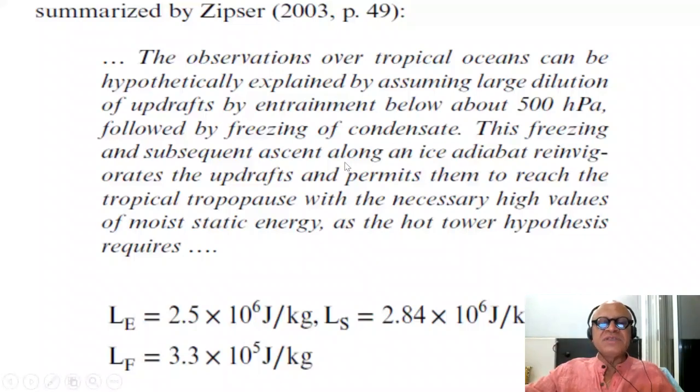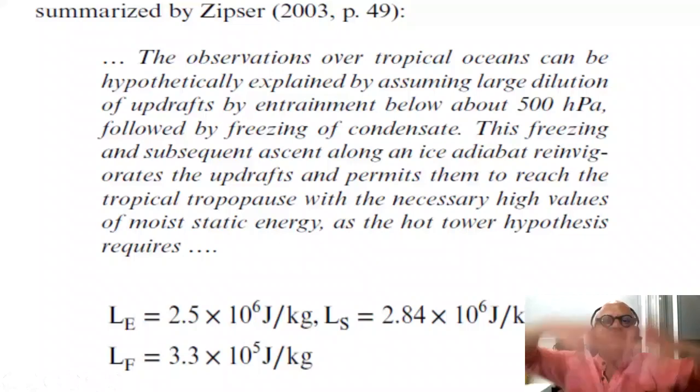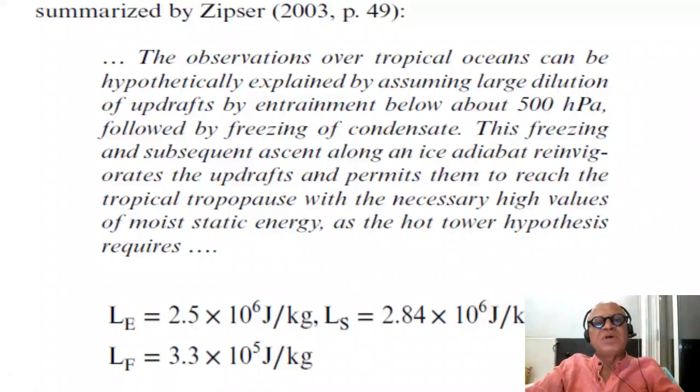This freezing and subsequent ascent along an ice adiabat reinvigorates the updrafts and permits them to reach the tropical tropopause with the necessary high values of moist static energy, as the hot tower hypothesis requires. The hot towers are these deep convective plumes that reach all the way to the top of the atmosphere, as the observations show.